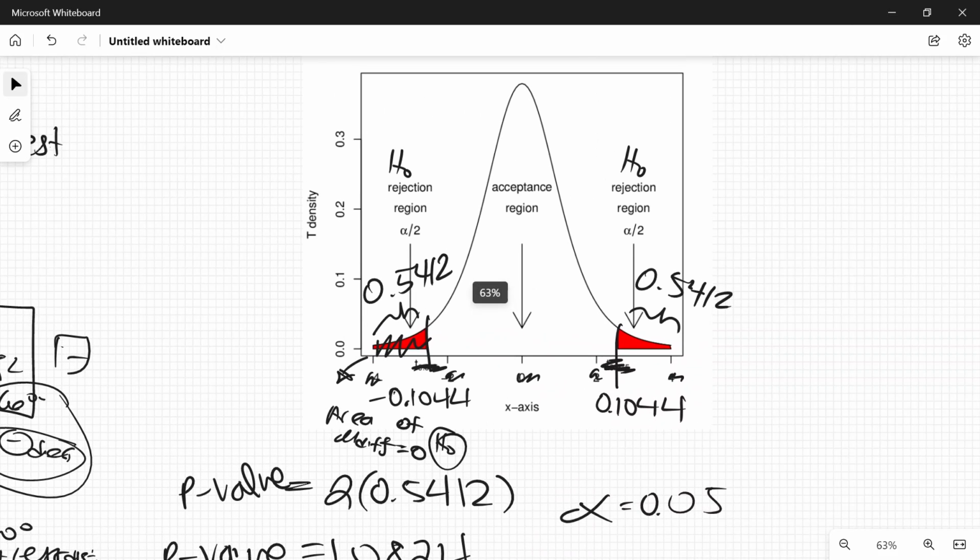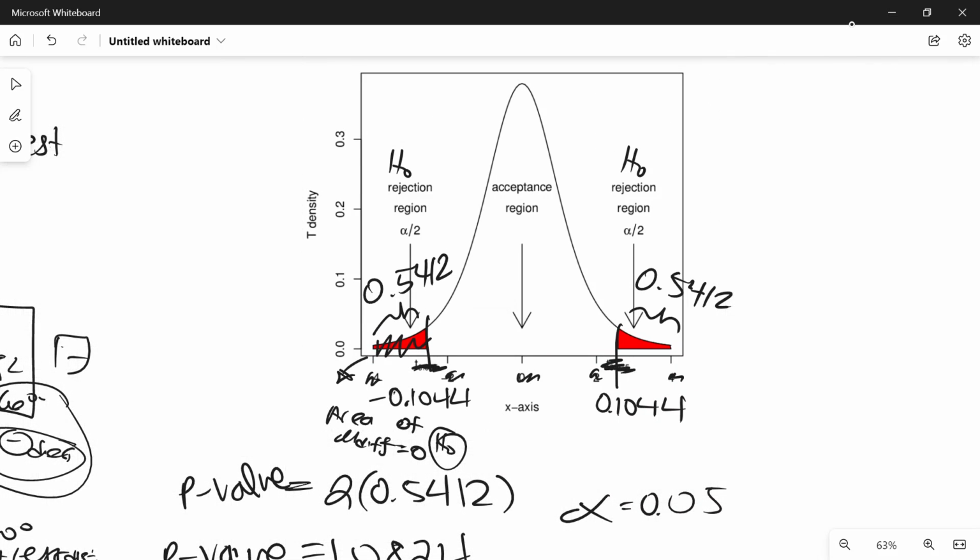I'm trying to think. This area is when H0 is equal to 0. So the 0.5412 together is the probability of H0. Oh.